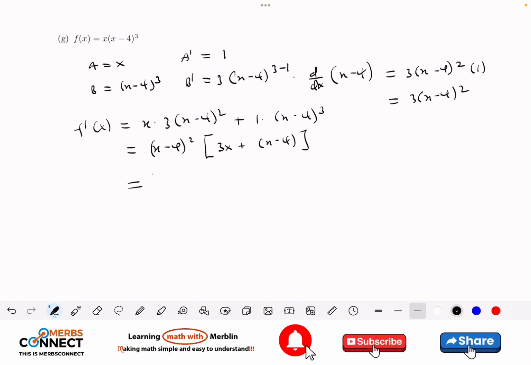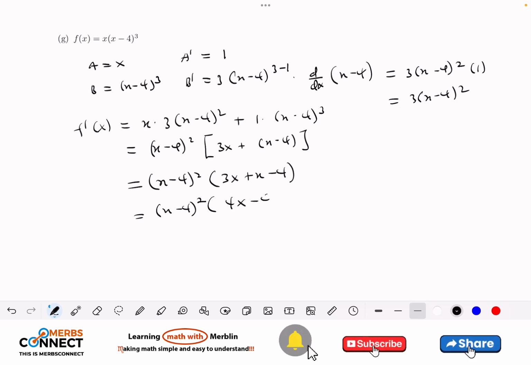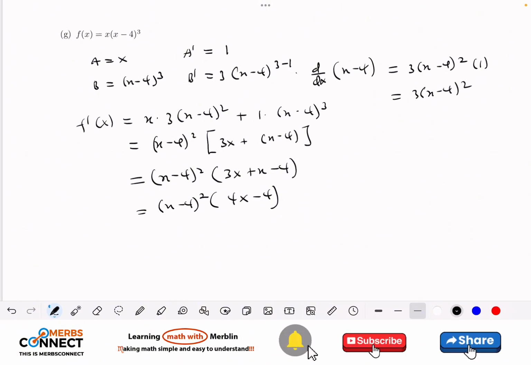Right, so when I simplify, I have (x minus 4) squared. This is 3x plus x minus 4. Then (x minus 4) squared. This is going to give us 4x minus 4.